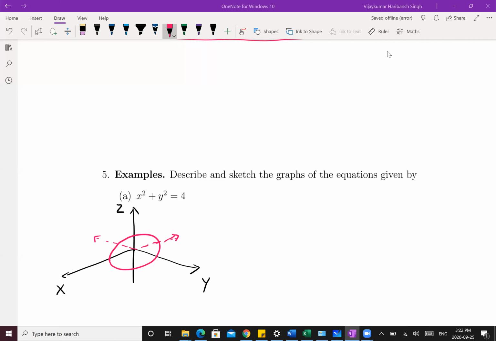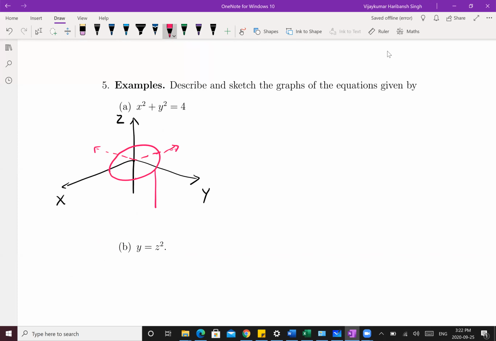So for example, we have this, and then you'll have things behind too.